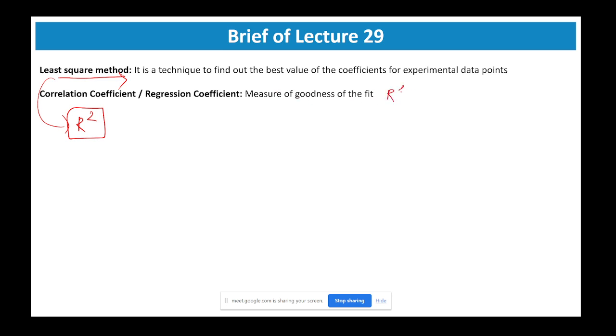Its value usually ranges between 0 and 1, and the least square method is the method which is used to find the best value of the coefficients for any experimental data points.